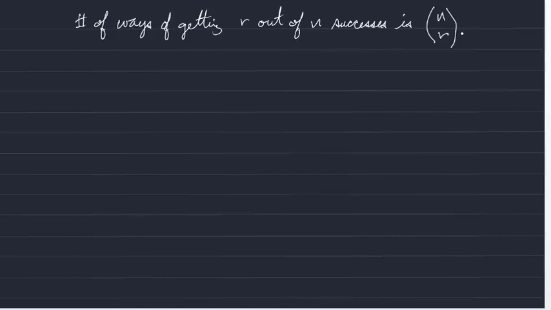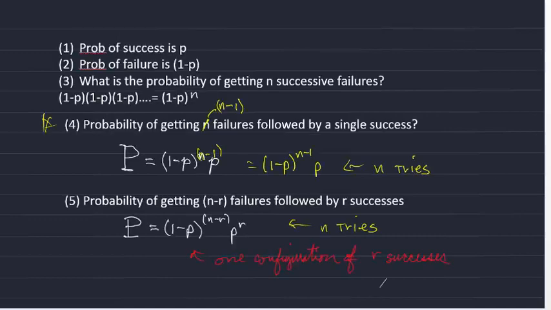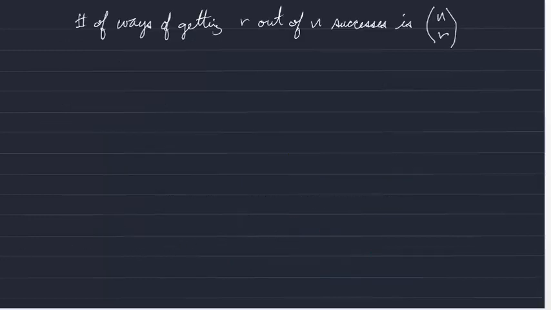That was the number of ways of getting r successes out of n tries. So back to our equation: we have the probability of one of those configurations, but there are n over r possible ways of doing this. So the full probability of getting r successes is n over r times 1 minus little p to the n minus r times little p to the r.